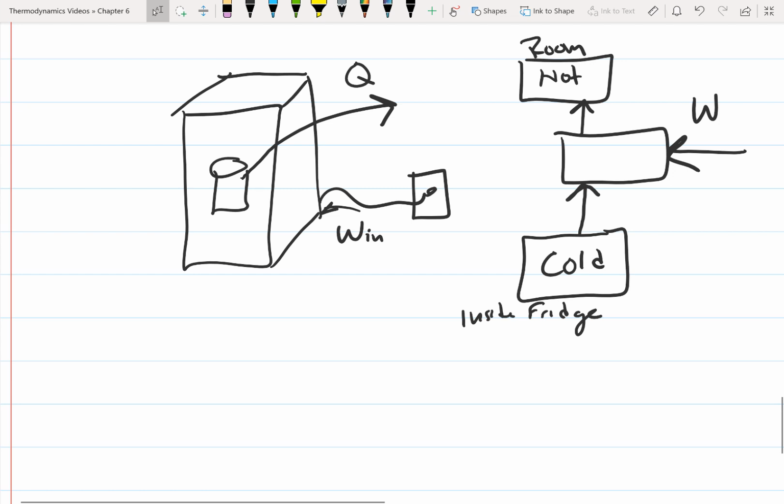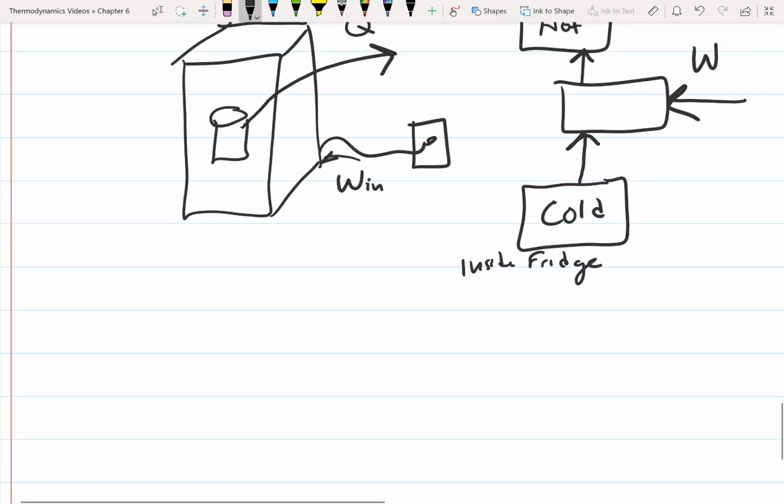So basically what this means is that no system is going to move in the opposite direction away from equilibrium without some sort of external work. So for instance, if we have the soda and let's say that it started out at 5 degrees, it's in the room, so it's not in the fridge anymore.